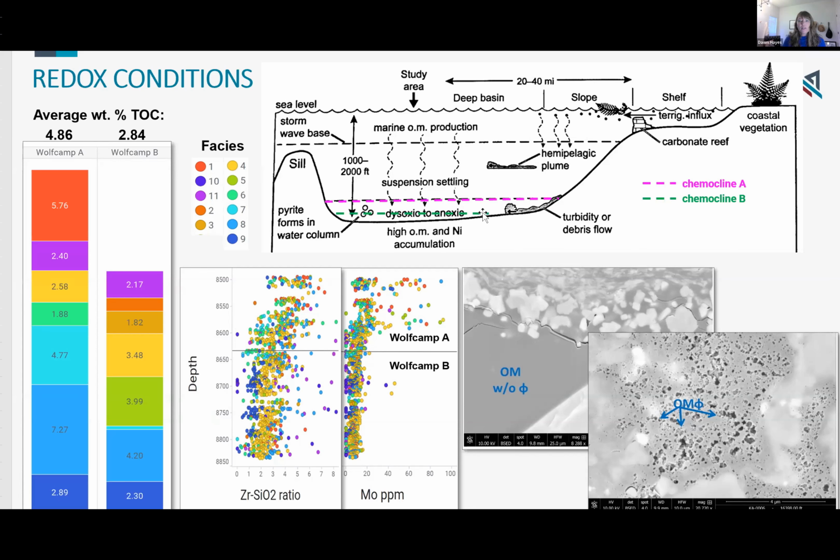Whereas in this example here, Wolfcamp B, we may have had a lot more deep basin deposits and not as much terrigenous or silt material coming into the basin, but we didn't have anoxia to dysoxia in as much of the basin. So I like to show this example because it's counterintuitive.